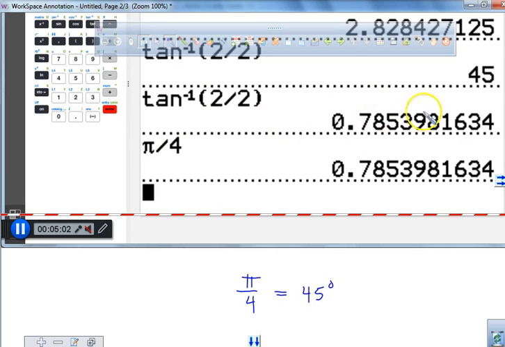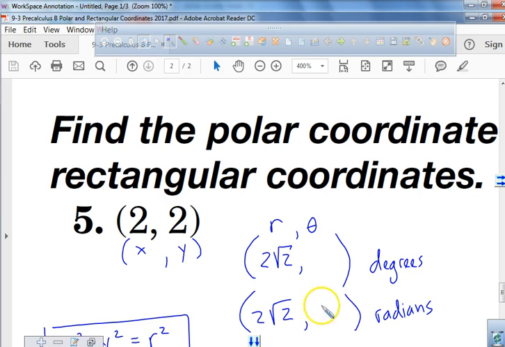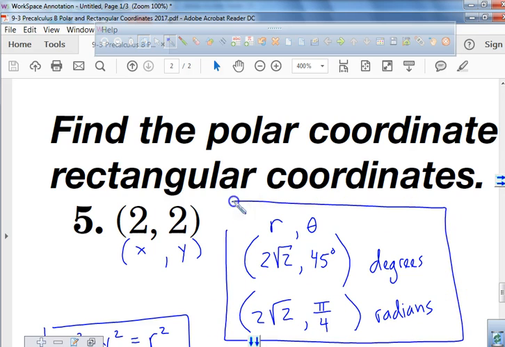So when you did this in radian mode, it gave you 0.785, which is the approximate value of pi over 4. Hopefully you realize what I'm telling you right now is that theta in degrees is 45 degrees, but in radian mode it is pi over 4. And that right there is your final answer in polar form. And these are your polar coordinates. That's r, that's theta, in degrees and in radians.